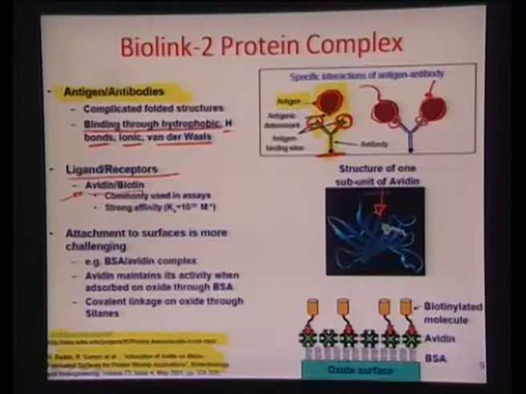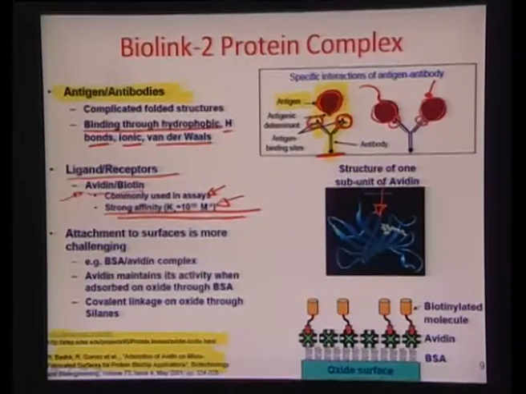It's a vitamin. So you have a bonding between the avidin and biotin where the affinity constants are as high as about 10 to the power 15 per molar. So they are commonly used in assays as molecular locks. This is something that biochemistry has to offer.